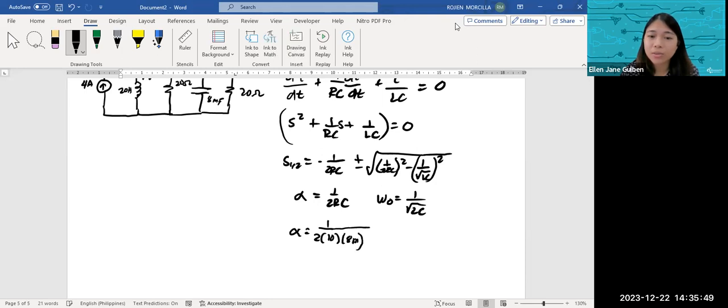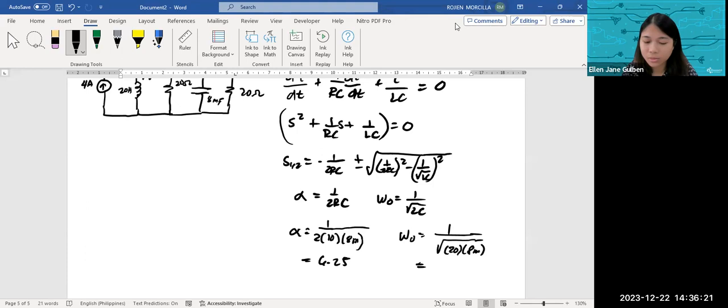That is equal to 6.25. Omega sub O is equal to 1 over square root of 20 times 8 milli. That is equal to 2.5.